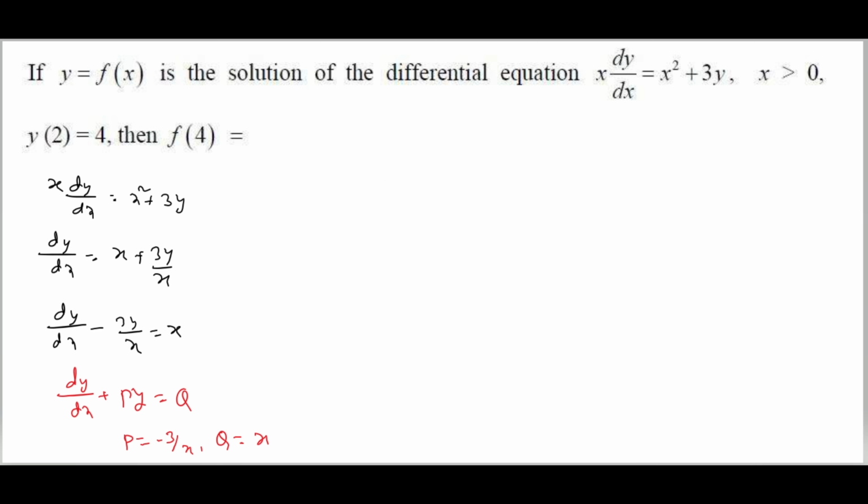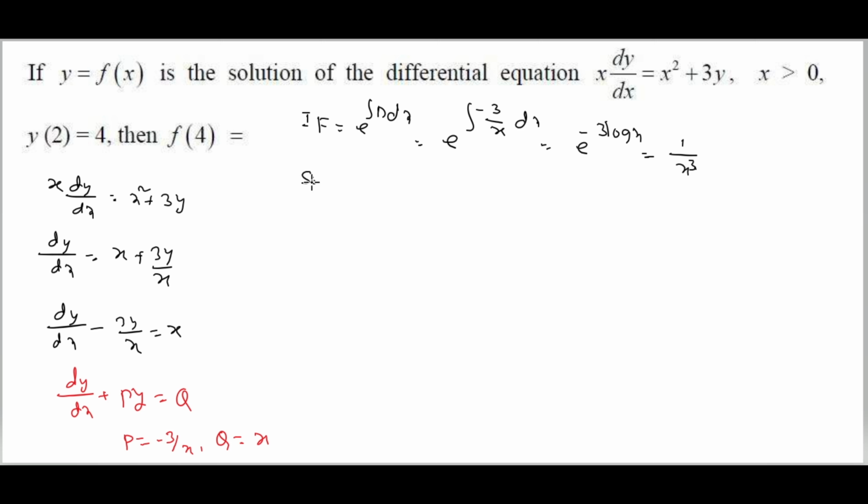First we'll find the integrating factor. Integrating factor is equal to e power integration of p dx, that is e power integration of minus 3 by x dx, that is equal to e to the power of minus 3 log x, that is equal to 1 by x cube.